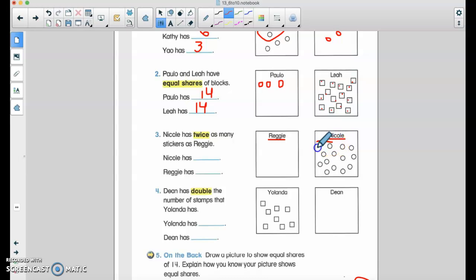So I'm going to say, let's circle this many to see. 1, 2, 3, 4, 5, 6. 1, 2, 3, 4, 5, 6, 7, 8. Nope, that's not equal. So that was wrong. So we have to keep circling it till they have the same amounts. I'd like you to push pause and try this on your own.